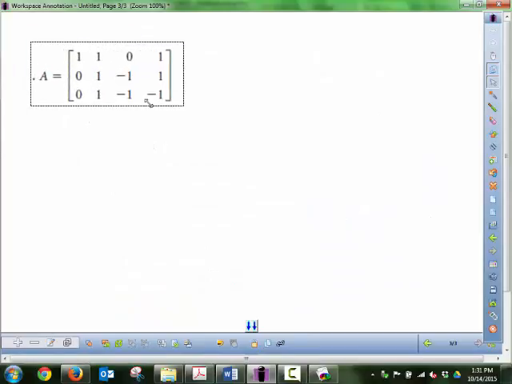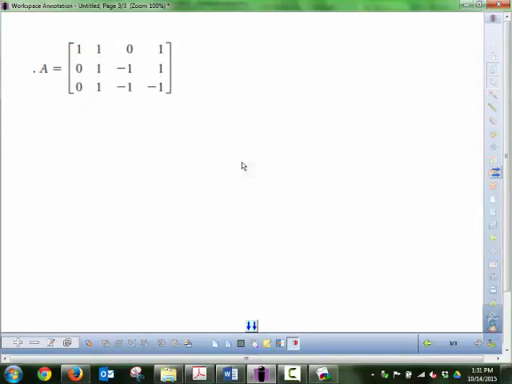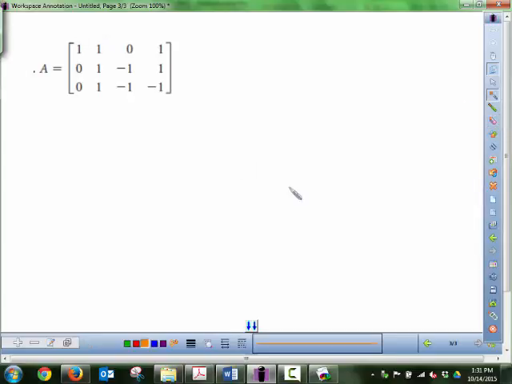So 19 is a 3 by 4 matrix, which means the row space should be in R4 and the column space should be in R3. So A is a 3 by 4 matrix.